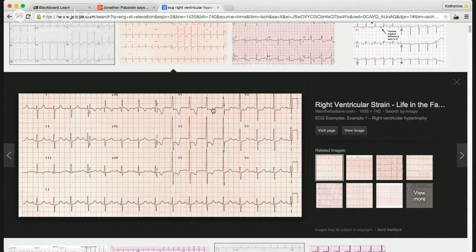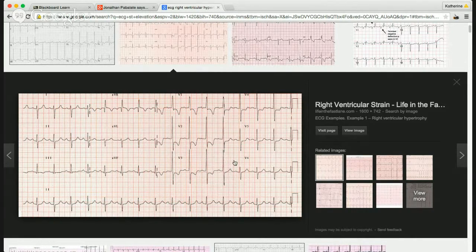So ST segments, let's see, in V1 it looks depressed, as well as V2 and V3 and V4. Slightly in V5 and normal in V6.